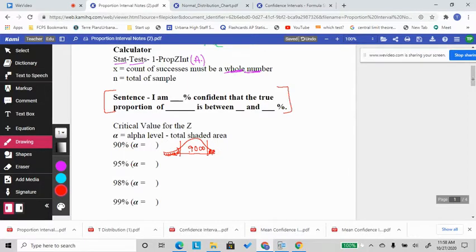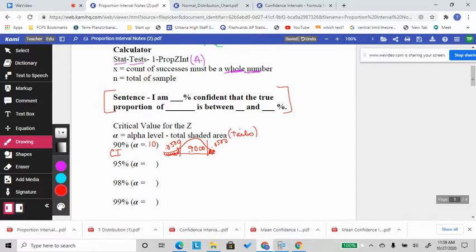This would be your total area in the tails of your normal curve. If this is 90, then this is 5 on this side and 5 on this side. This is 10%. These two always add up to 1. So if you're doing a 90% confidence interval, you have an alpha of 10%.